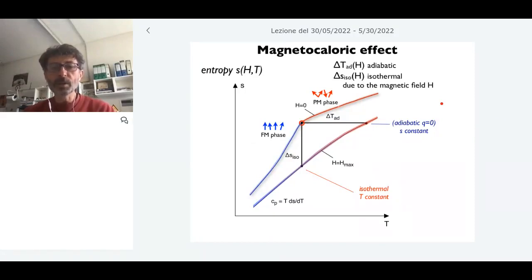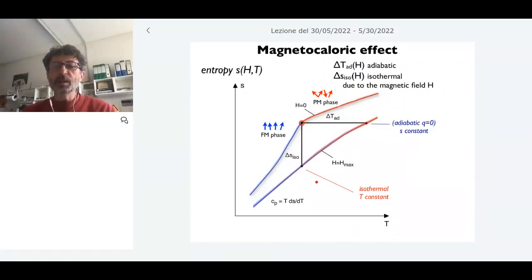As always, when we talk about a thermal effect, we have to specify the thermodynamic condition. Everything depends on what we do with entropy and temperature, whether we leave the sample isolated or put it in contact with a thermal bath. Let's keep the temperature constant.